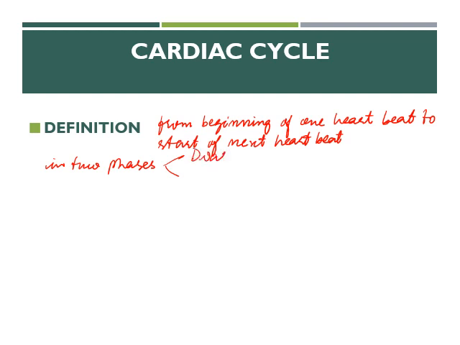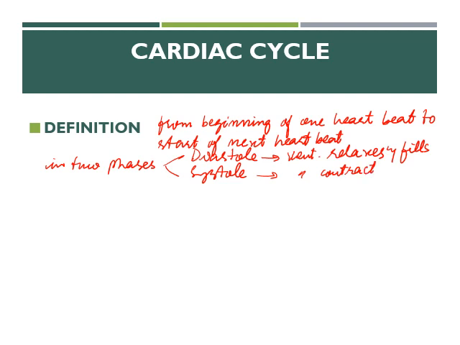Diastole and systole. Diastole means the period during which ventricles relax and fill with blood. Systole means the period during which ventricles contract and pump blood out of the heart.